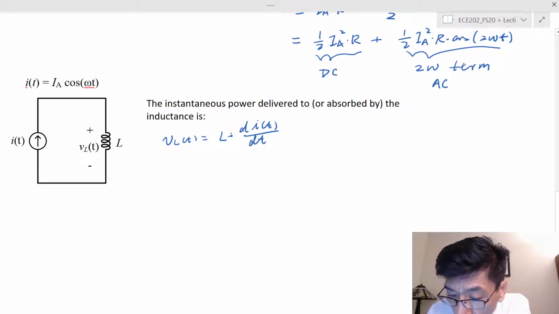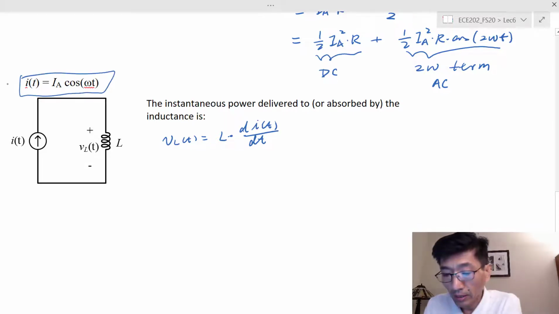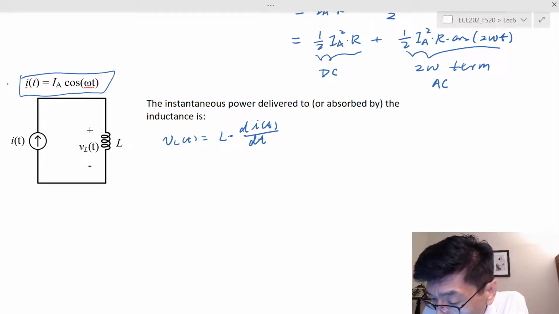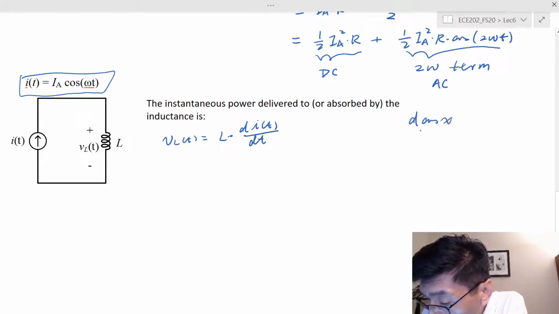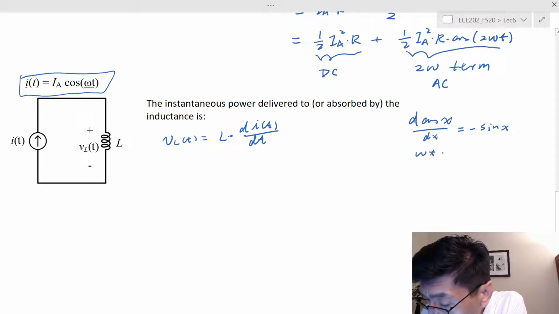So in this case, we assume that we have the same current as we had for the resistance case. And based on the trig derivative, d cosine x dx equals negative sine x, we treat the omega t as x.